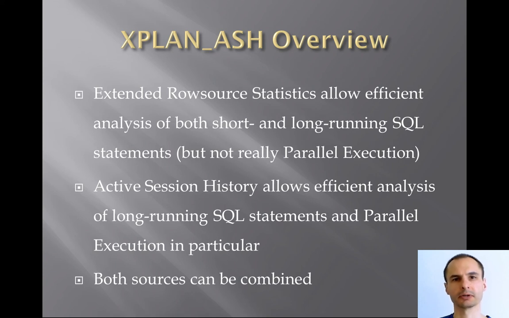But that's probably only applicable if you do not have a tuning pack license, because with a tuning pack license you have access to the actual cardinality information that Oracle measures automatically from 11g on. That's always on, but it's only accessible with a tuning pack license. Then you probably don't need to bother with row source statistics in general, only in those cases where you have very short running statements. Then row source statistics might again be a good idea, but then you can maybe also use SQL trace.